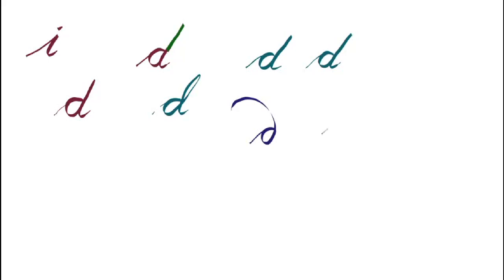So let's do that again. Light up, dark down, up, and then we just continue. So that's a D at the end of a word, and a D at the beginning and the middle of a word is formed like that.